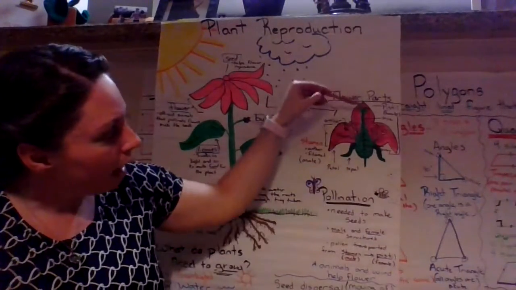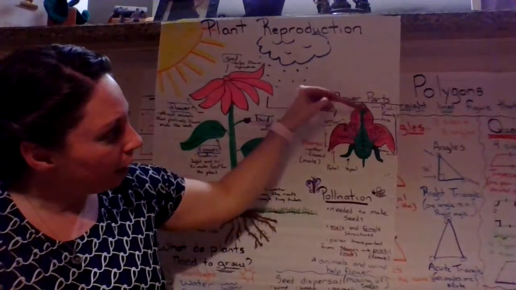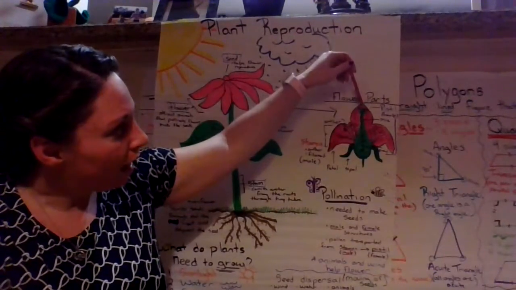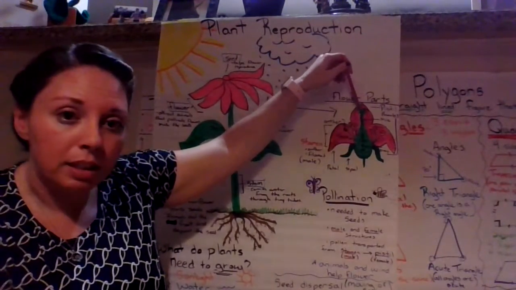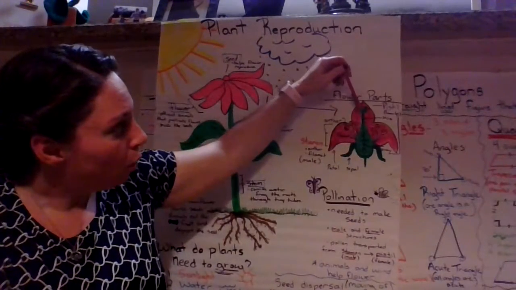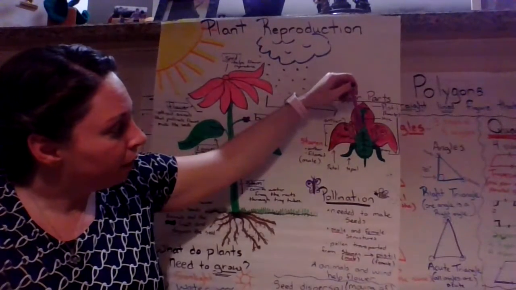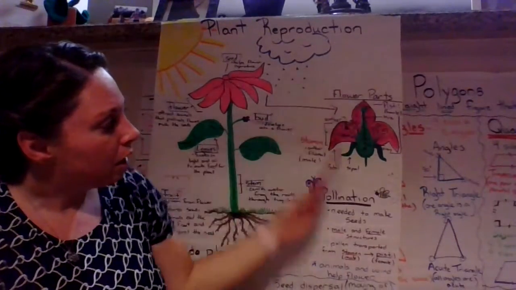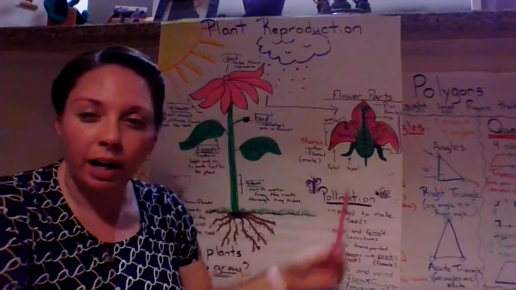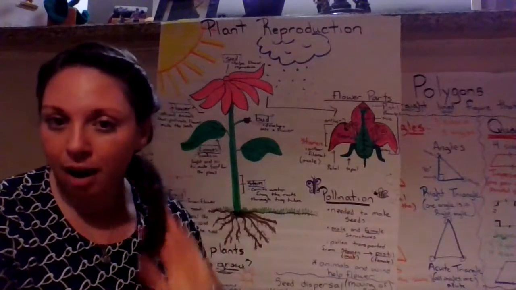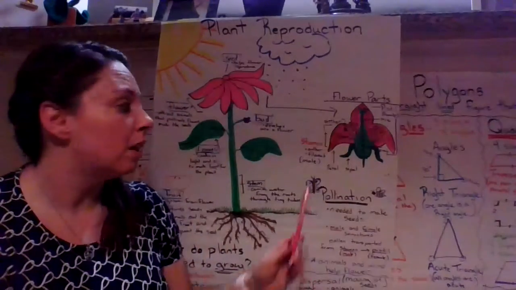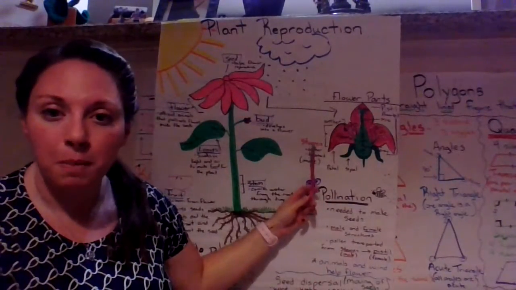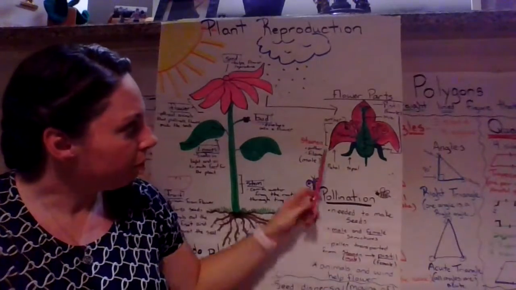Our pistil is this green area here. We have the stigma, which sits at the very top. We have the style, we have the ovary, and we have the ovule. Inside the ovary is where the baby seeds are. They are not made seeds until they have been fertilized through the male part, the stamen.